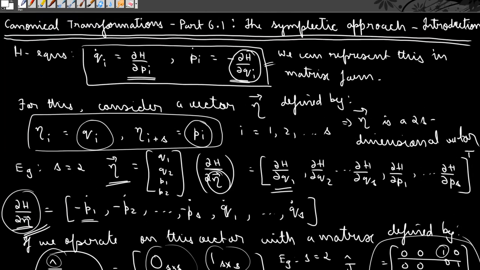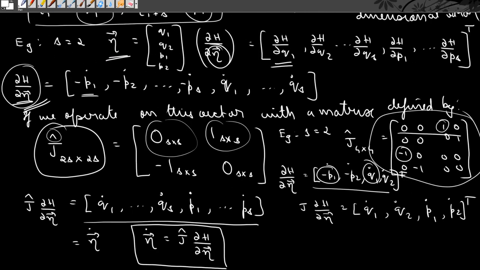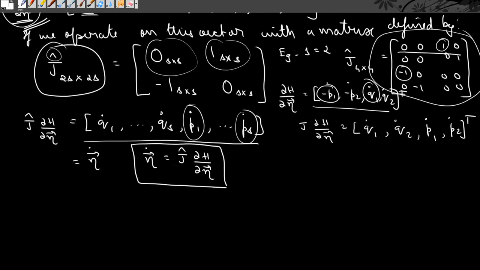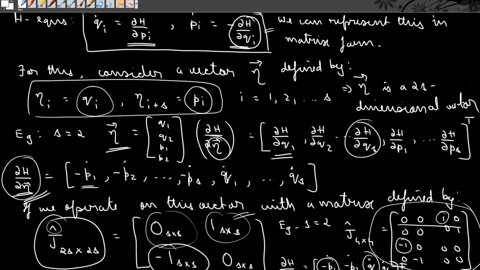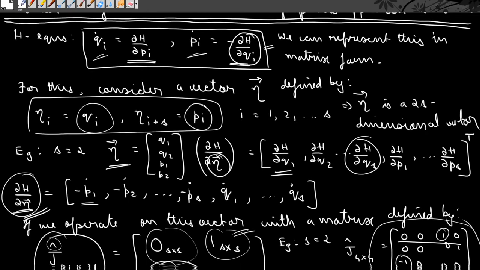Because basically this is relating quantities of this form to the time derivative of these via the matrix J, and since this one is negative and this one is positive, we will get the appropriate relation with the negative sign for p_i dot and positive sign for q_i dot.